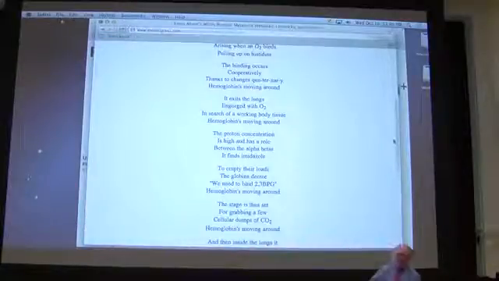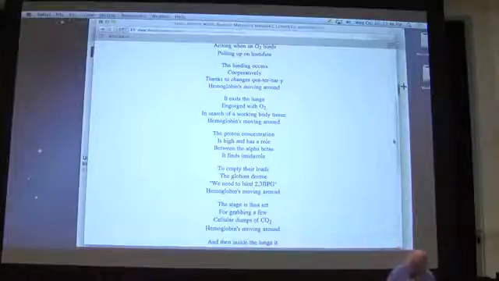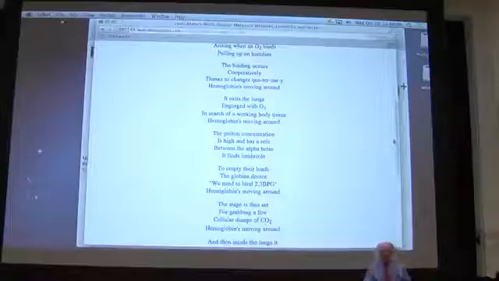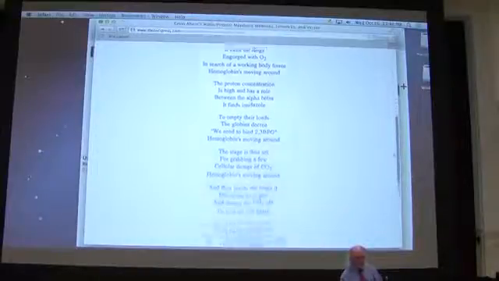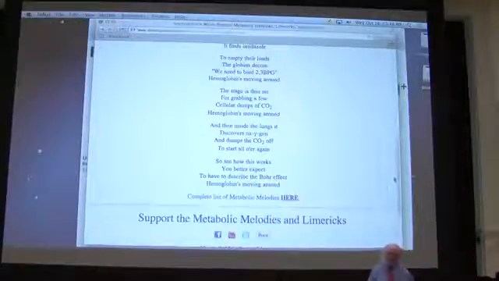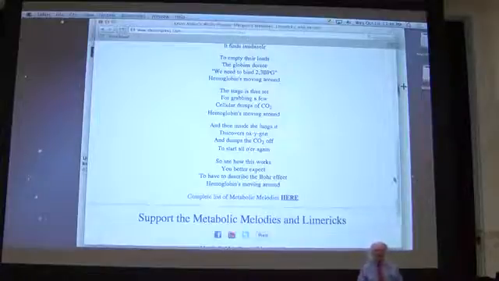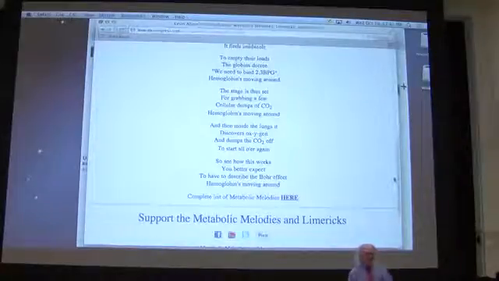Hemoglobin's moving around. The proton concentration is high and has a role. Between the alpha betas, it binds imidazole. To empty their loads, the globins decree, we need to bind to 3-BPG. Hemoglobin's moving around. The stage is thus set for grabbing a few cellular dumps of CO2. Hemoglobin's moving around. And then inside the lungs it discovers oxygen and dumps the CO2 off to start all over again.